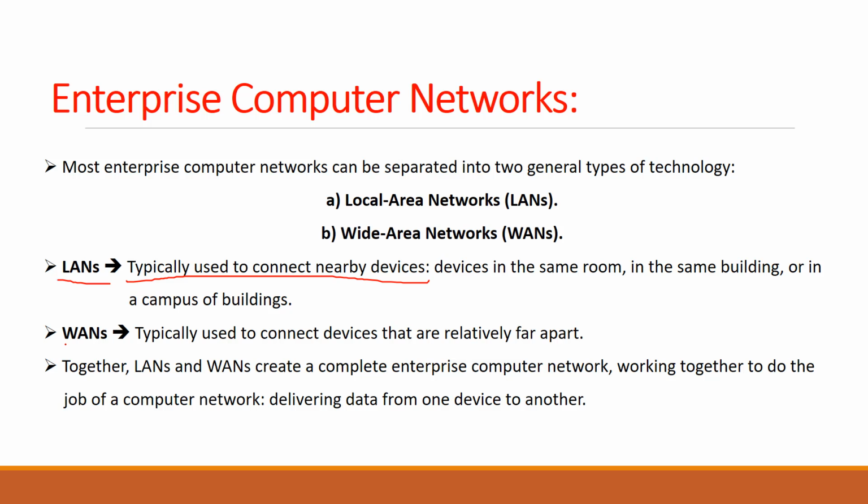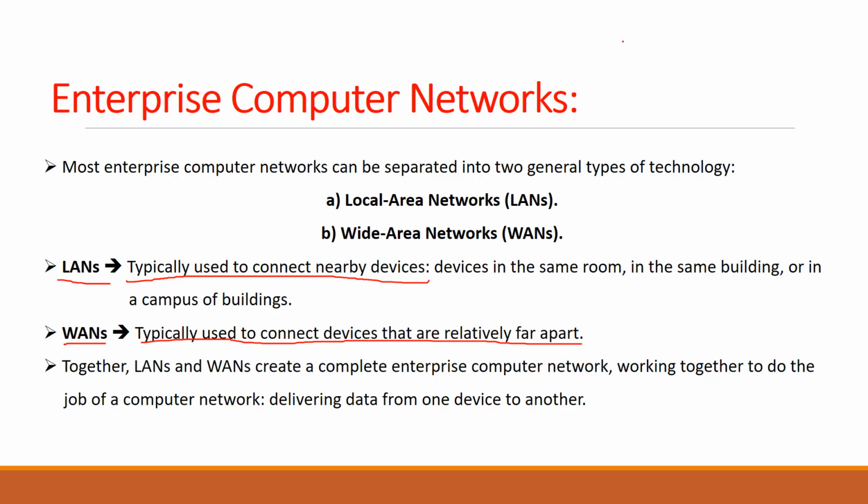There is another type of enterprise networks called WANs, and it is typically used to connect devices that are relatively far apart. There are big distances between the network components.